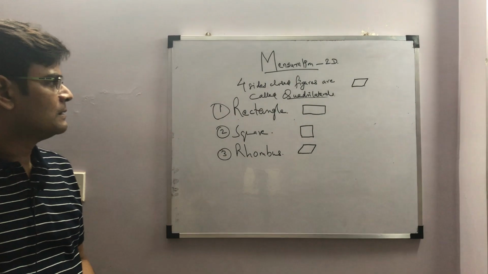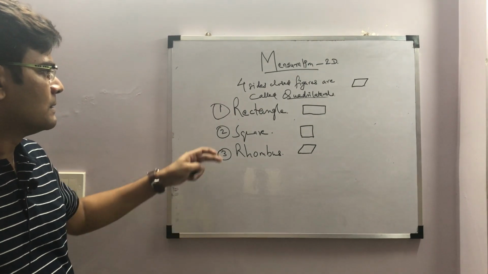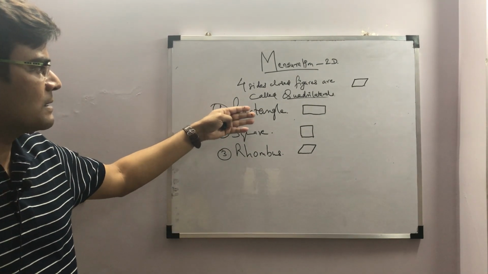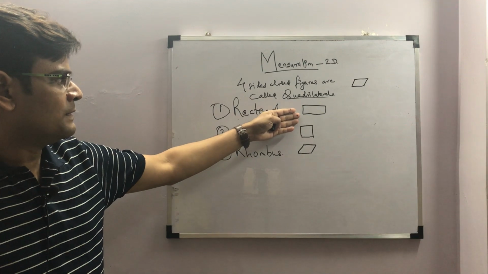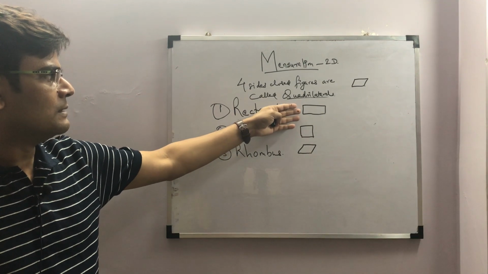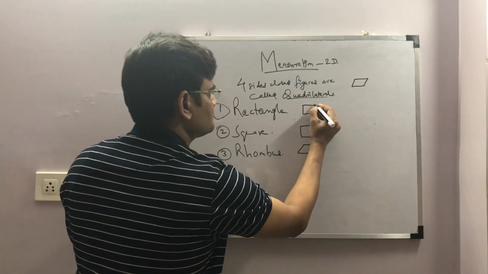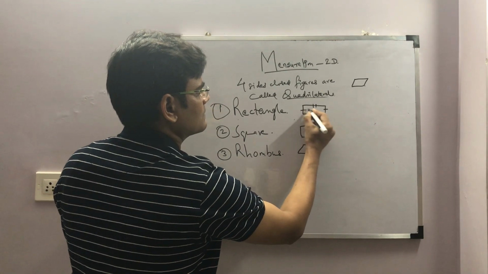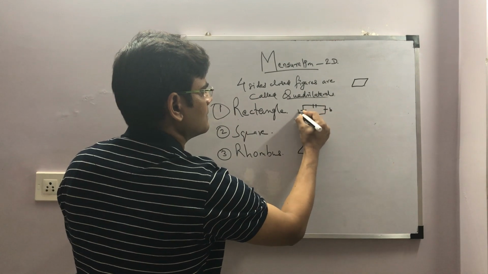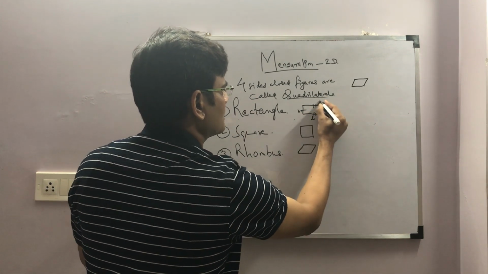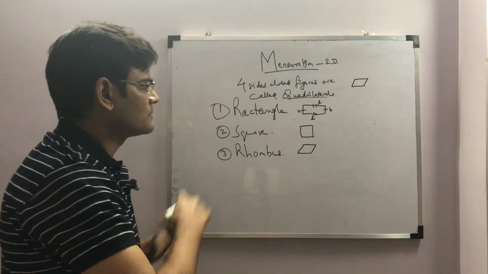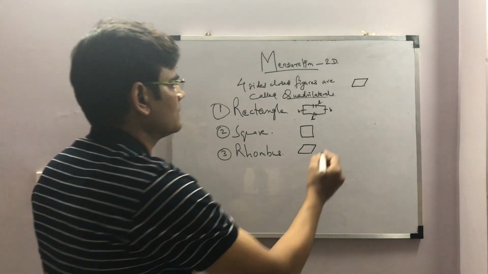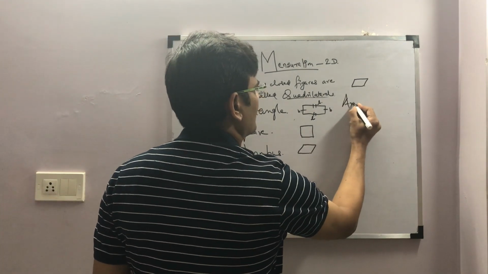Rectangles are four-sided quadrilaterals where the opposite sides are equal. This is known as length, this is known as breadth. Let's quickly do area and perimeter.